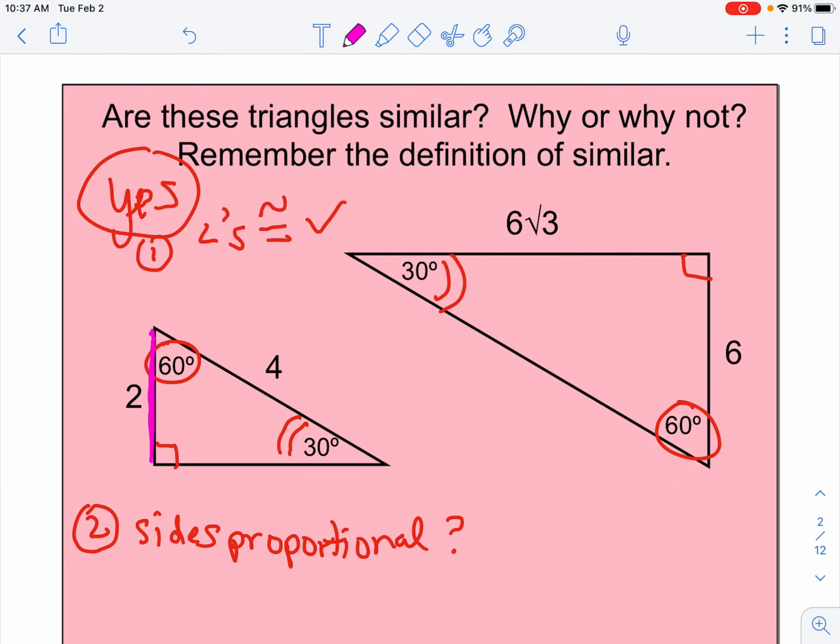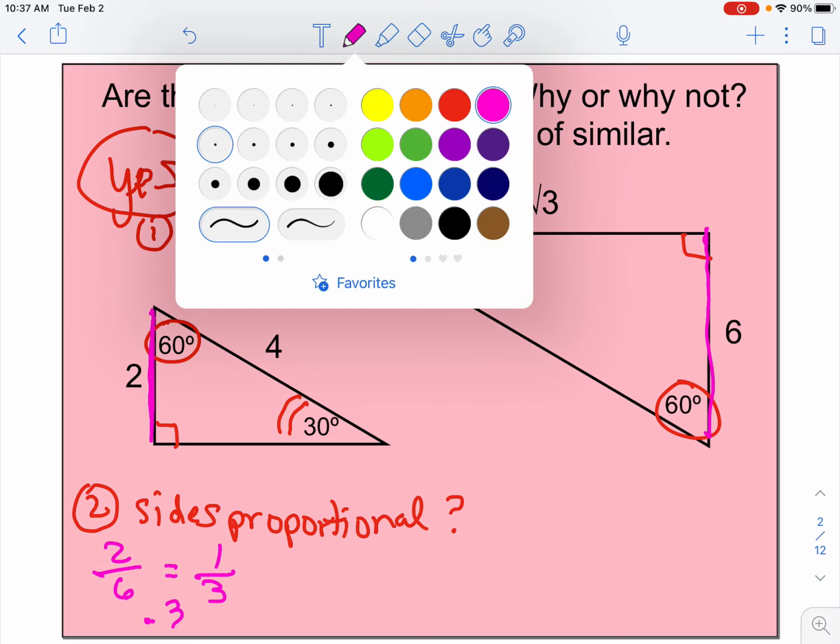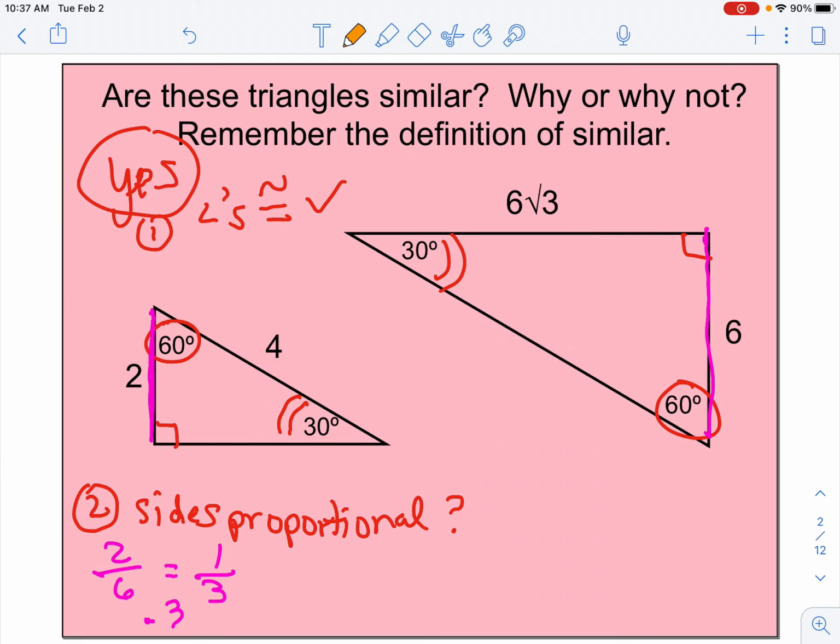That's going to be corresponding to the same side between the 90 and the 60 right here. So we have a side ratio of 2 to 6, which is equal to 1/3, or 0.3 if you want to write it that way. Now we have to see if the other sides are proportional.